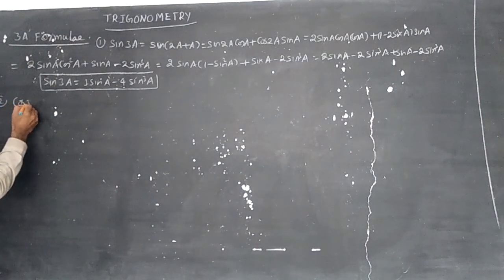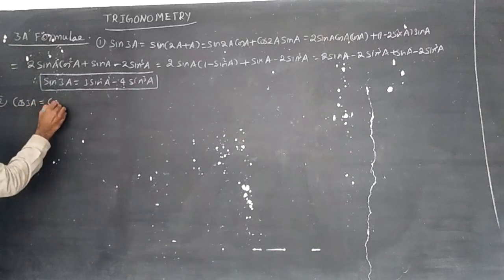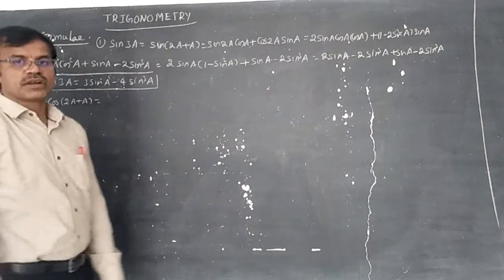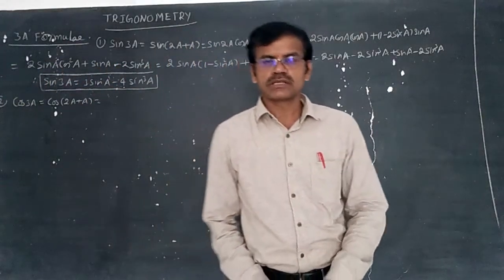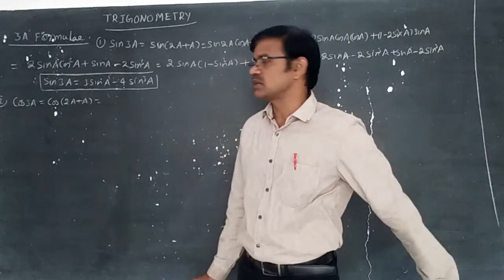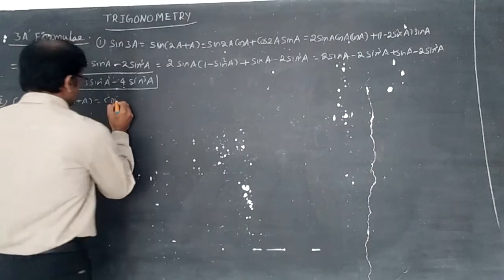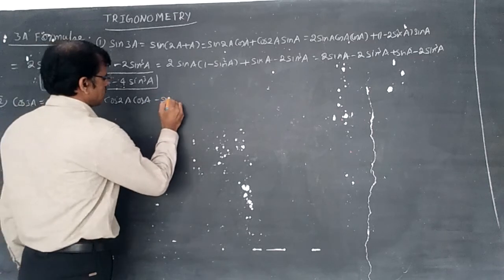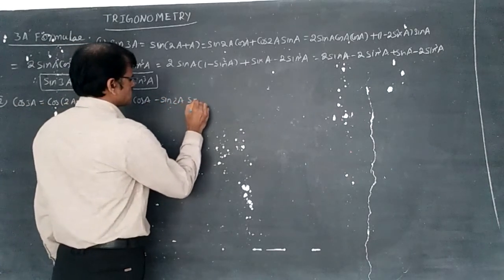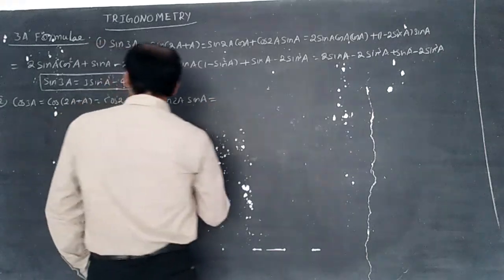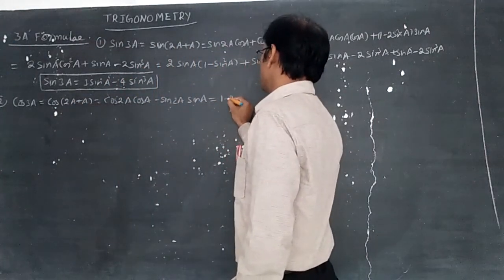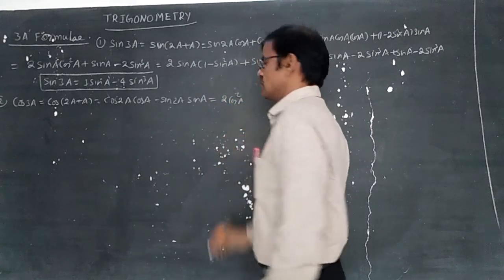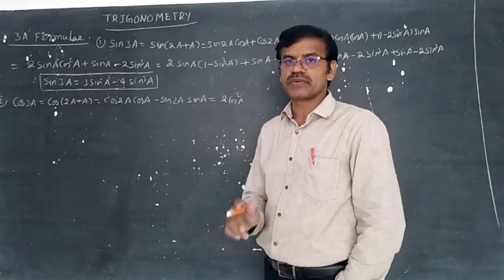Second one, cos 3A. Cos 3A can be written as cos of 2A plus A. This can be understood from the cos of A plus B concept. Cos of A plus B formula: cos A cos B minus sin A sin B. So cos 2A into cos A minus sin 2A into sin A. Cos 2A formula, 2 cos square A minus 1, because we should get the cos 3A formula in the form of cos terms.